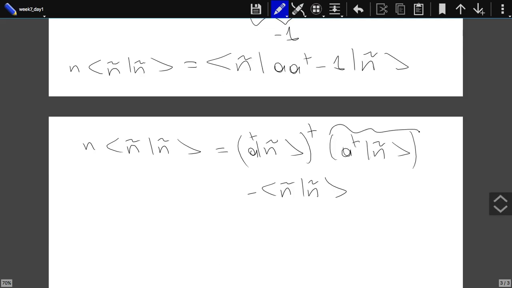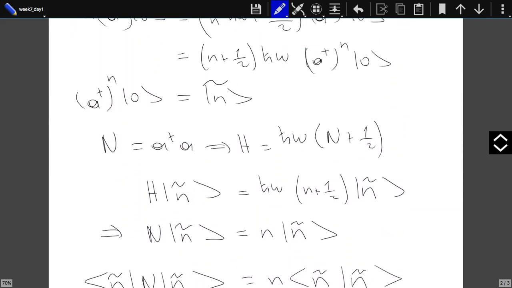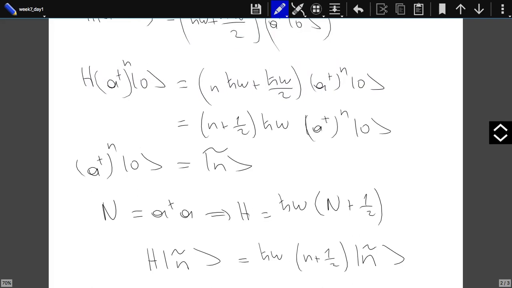By our definition, this state is nothing but |ñ+1⟩. You see, n is basically the number of A† operators acting on my state. That is how I define those ñ states.